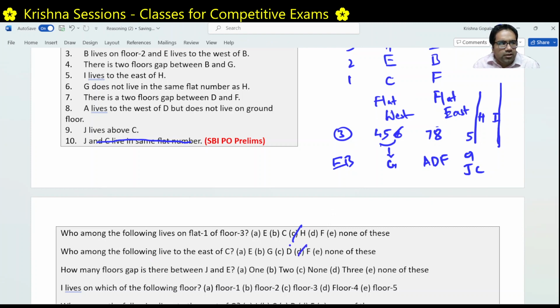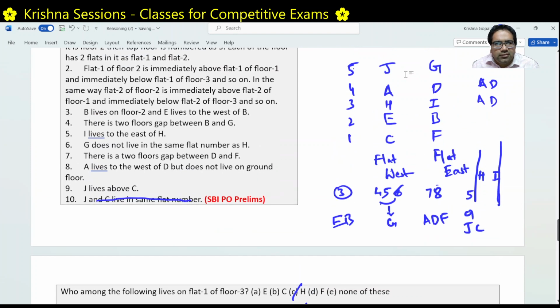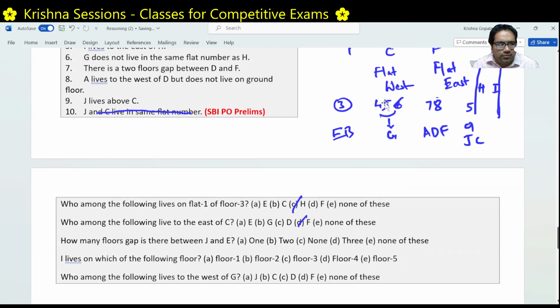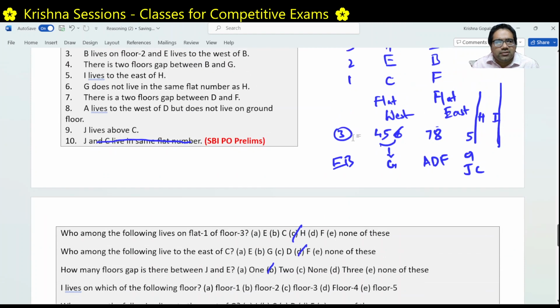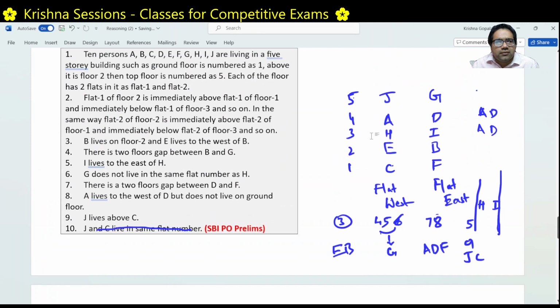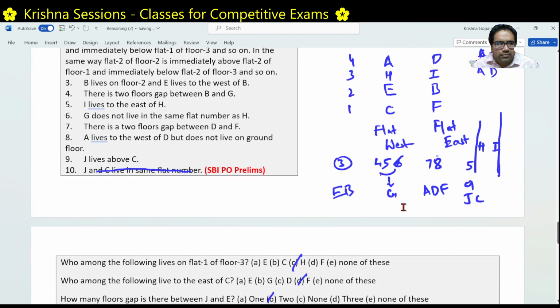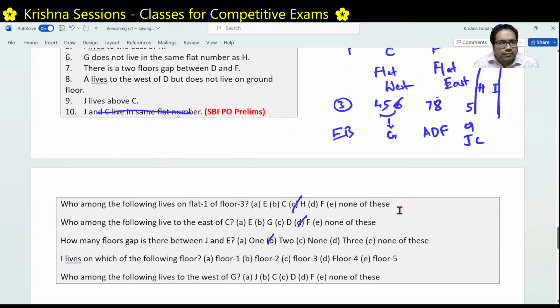East of C is F. How many floors gap is there between J and D? Two floor gaps, right? A and H are there. Two. Next one. I lives on which of the following floors? I is living on the third floor.